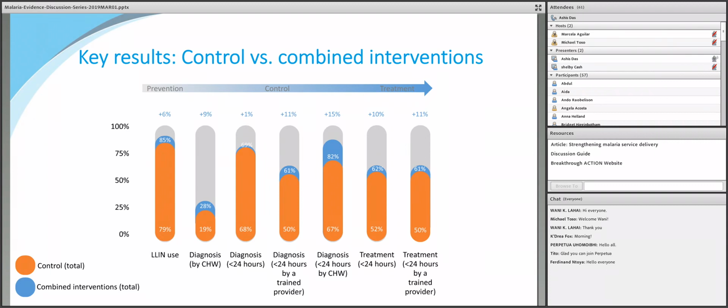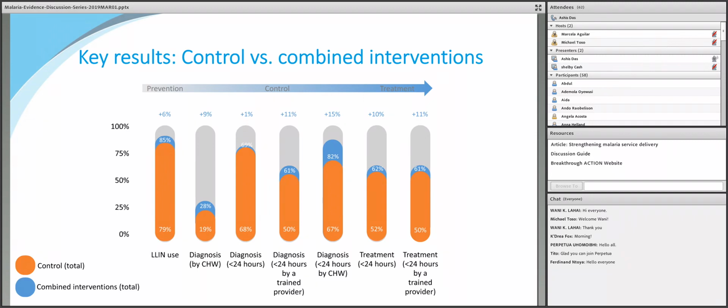Well, we've gone through this earlier. You can only focus on the topmost part where it shows the numbers in blue. For instance, in the first one, use of LLIN, we see a 6 percentage point increase among the combined intervention compared to the control.